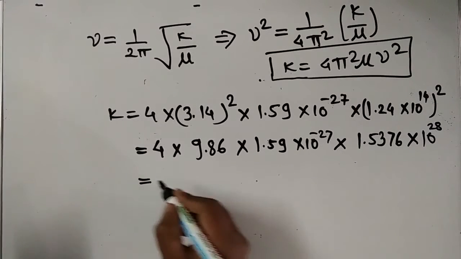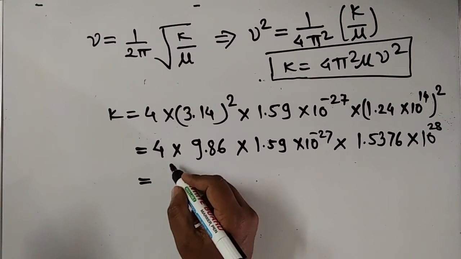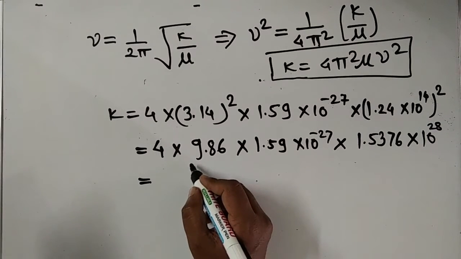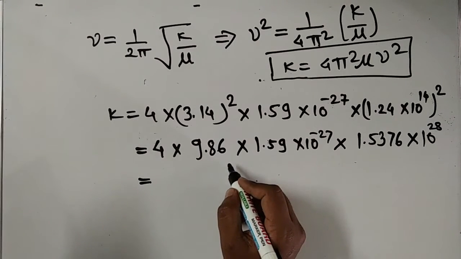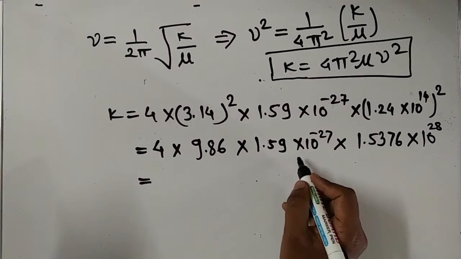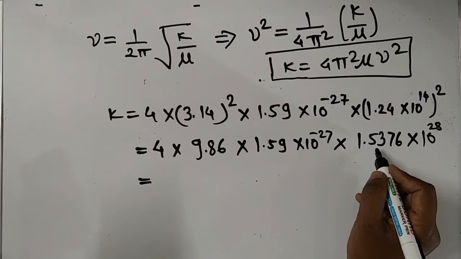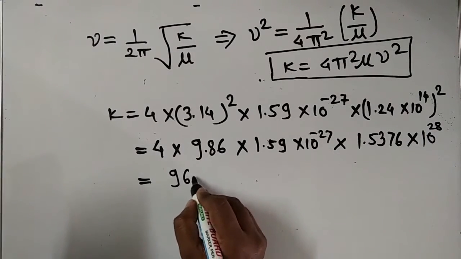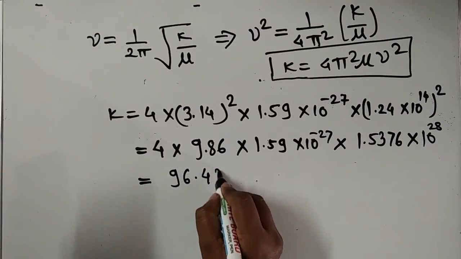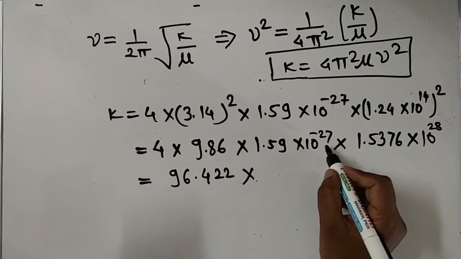So therefore we can now do the calculation. So calculation 4 into 9.86 into 1.59 into this term 1.5376. So if you do the calculation, that number comes out to be 96.423 into, now we have the 10 raised to power, right?